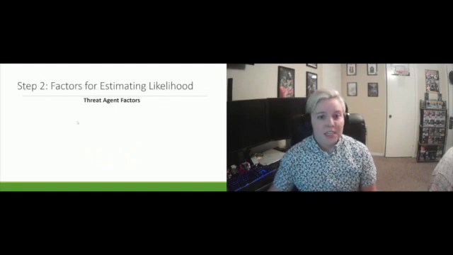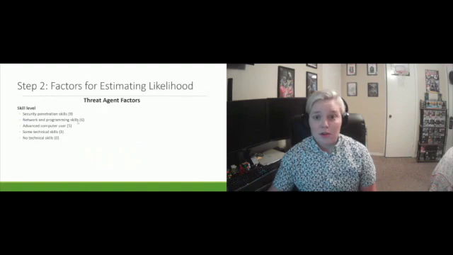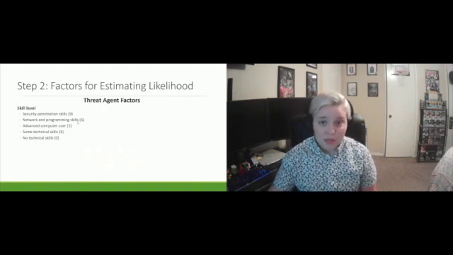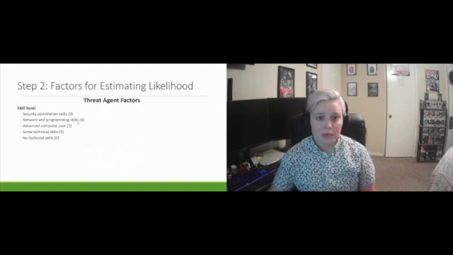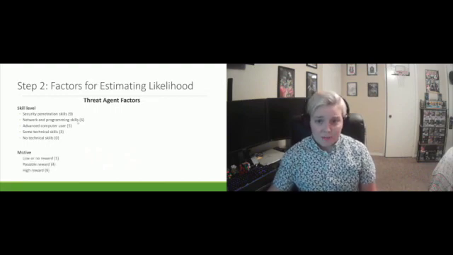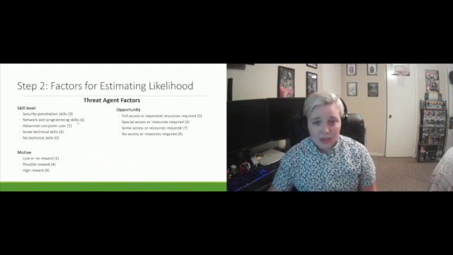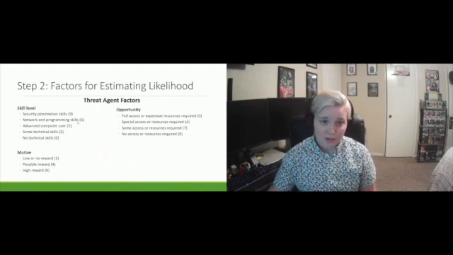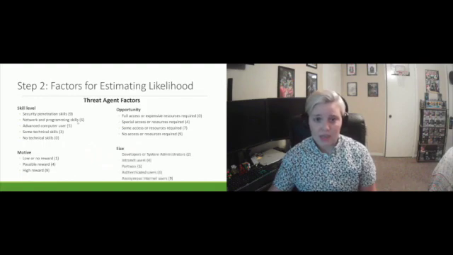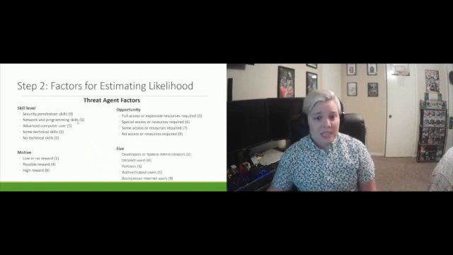So for threat agent factors, we're going to be talking about the threat agent skill level. How technically skilled is the group that may potentially be exploiting this vulnerability? How motivated are they? What is their overall opportunity, or what resources are required for them to exploit this vulnerability? And what's the estimated size of the group?